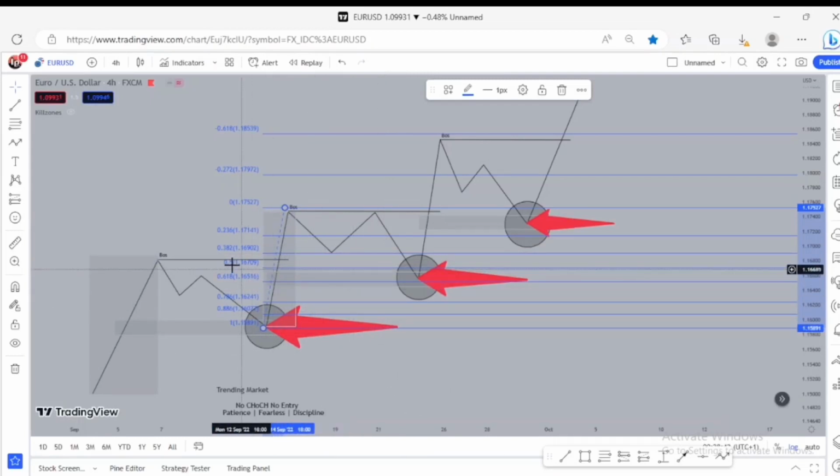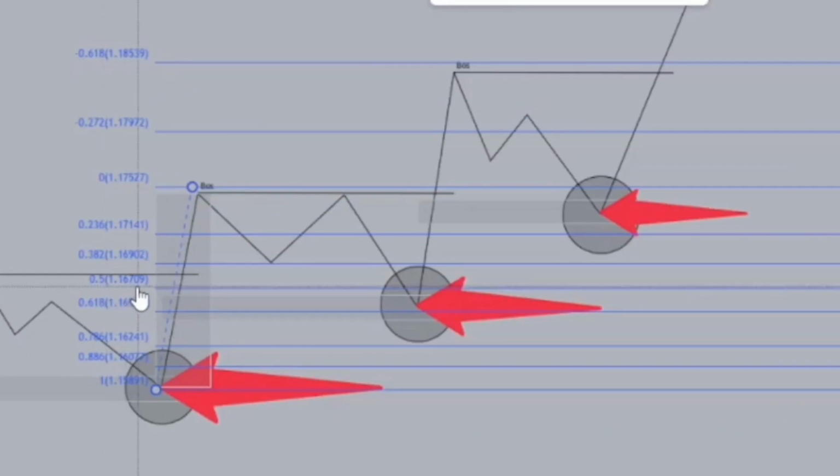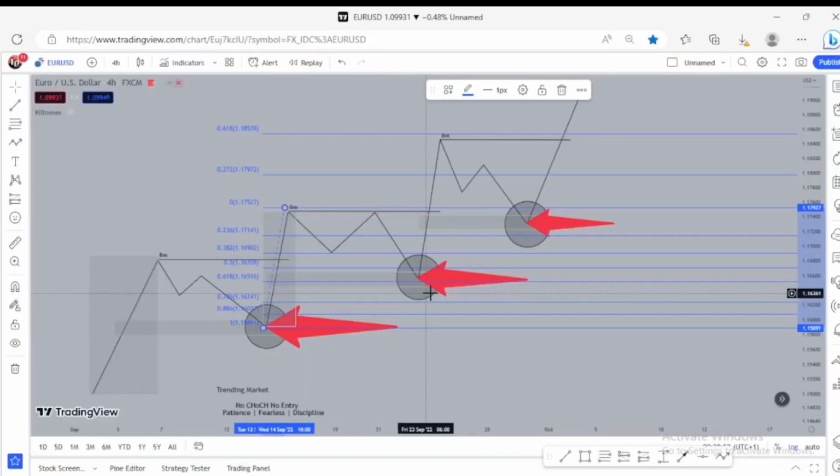We have this 50% retracement level, and we also have this 61.8 retracement level, which is our golden zone. So retracement points in higher time frames are based on these two: either price retraces 50% or price retraces 61.8.